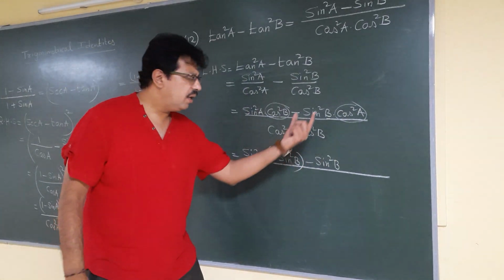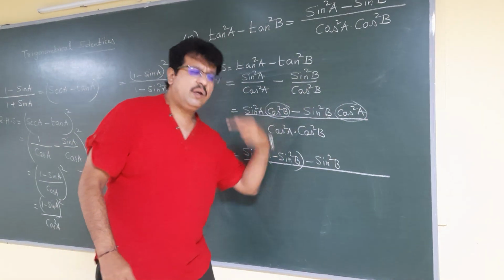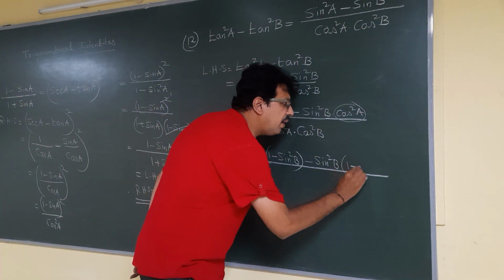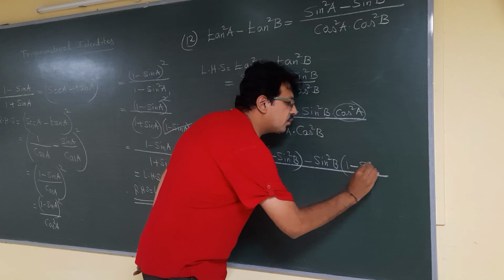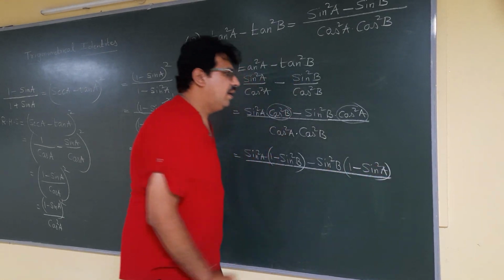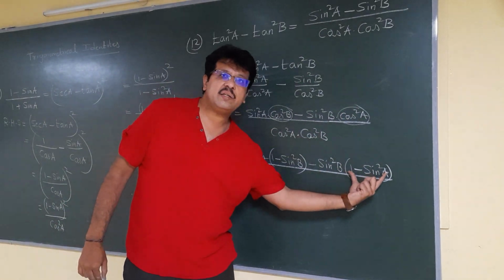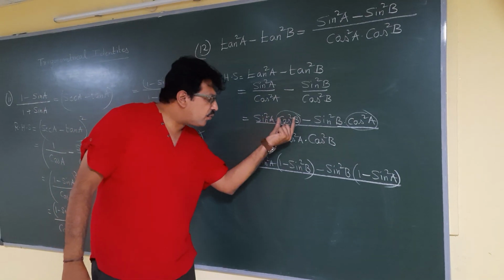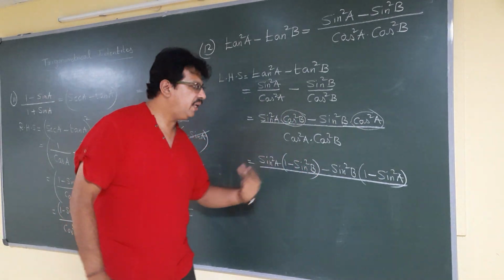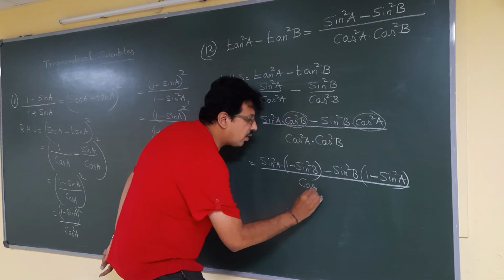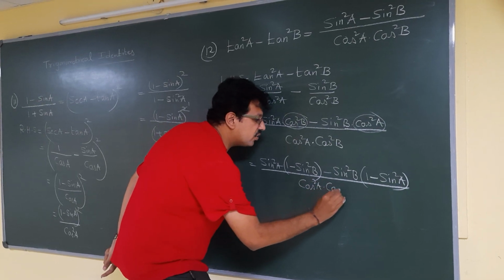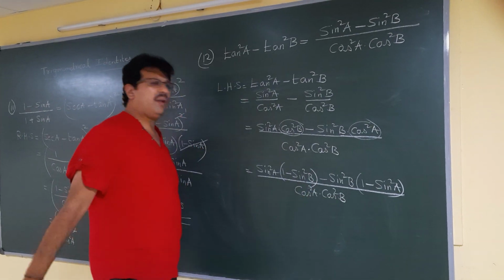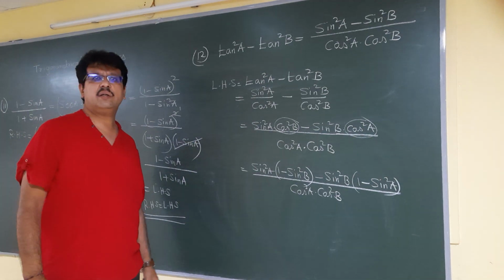And in the same way, in the place of cos square A, what can you write? 1 minus sin square A. Cos square A means 1 minus sin square A, and cos square B means 1 minus sin square B, divided by cos square A into cos square B. This is one of the very important things you should understand here.